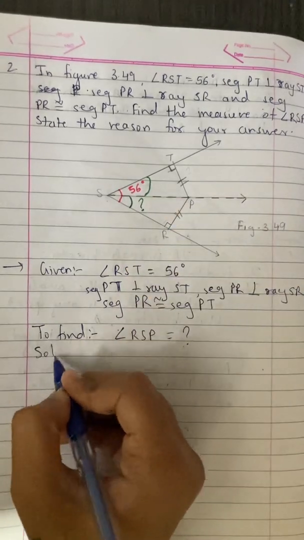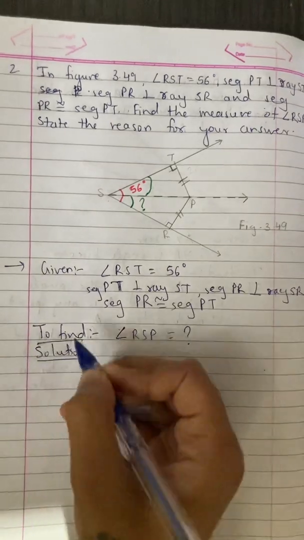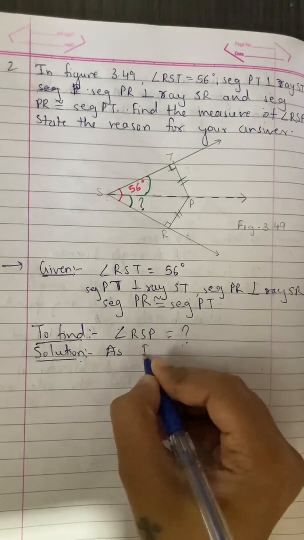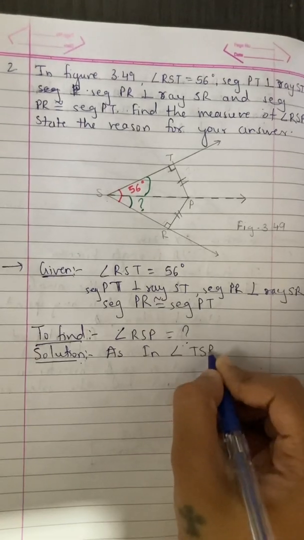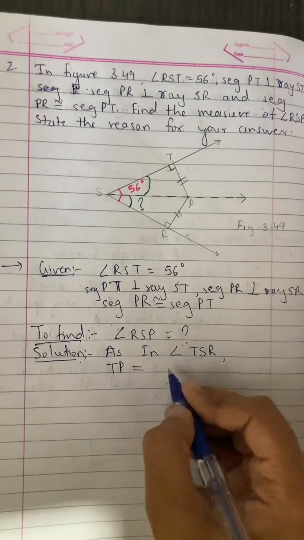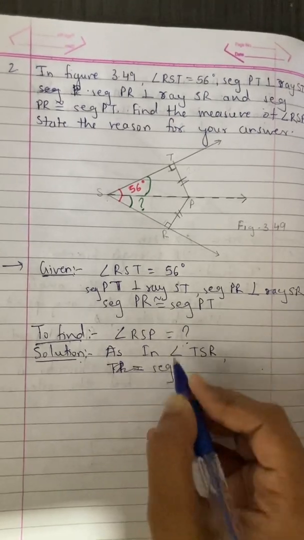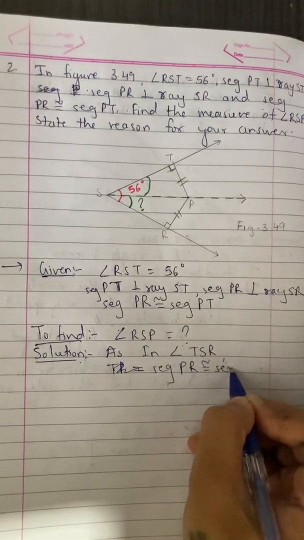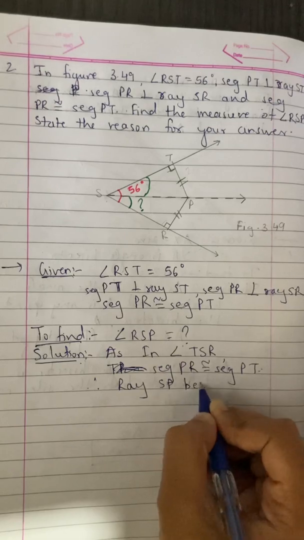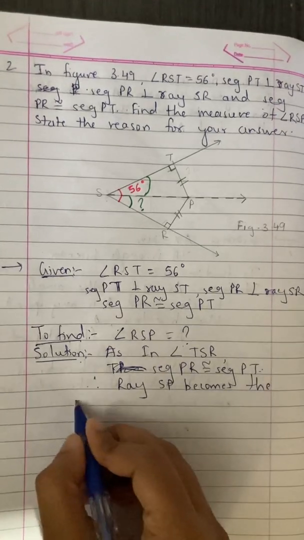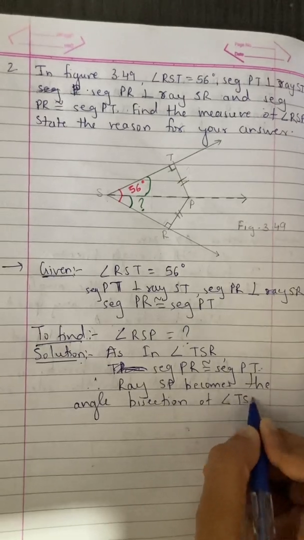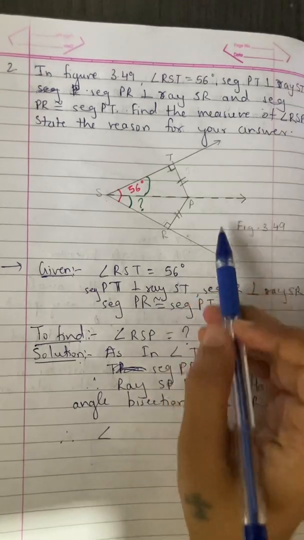Now in the solution, we can write down: in angle TSR, segment PR is congruent to segment PT, and therefore ray SP becomes the angle bisector of angle TSR.